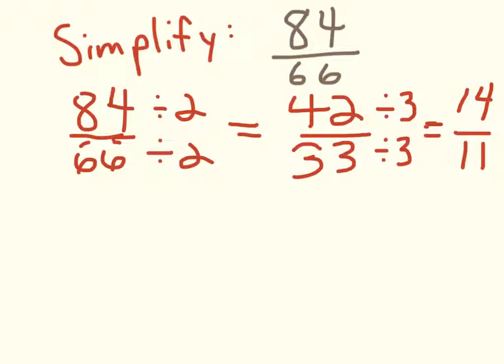So then the question is, can we go any further, without making it into a mixed number, but can we simplify that improper fraction anymore? Well, let's see. 2 doesn't go into both of the top and bottom. 3 doesn't. 5 doesn't go into top and bottom because we don't have things that end in a 5 or a 0 digit. 7 goes into 14, but it doesn't go into 11. 11 obviously goes into 11, but it doesn't go into 14, so I think we're done.